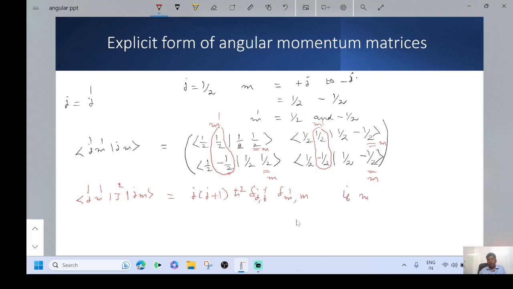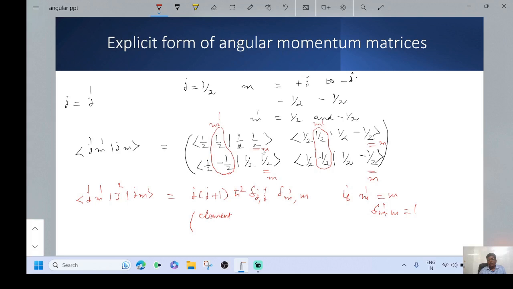If m dash equal to m, delta of m dash comma m equal to 1. See the places. Here m dash equal to 1 by 2, m equal to 1 by 2. So the element is present.